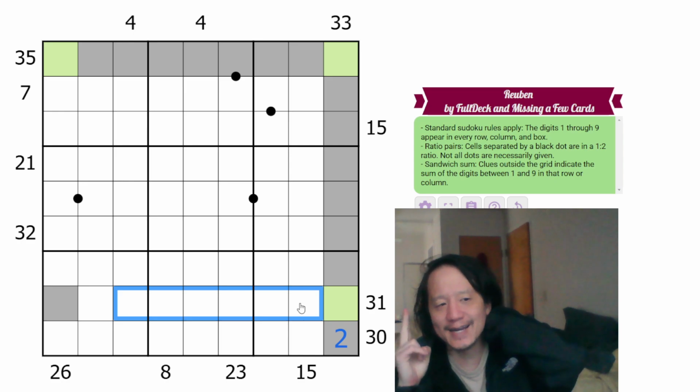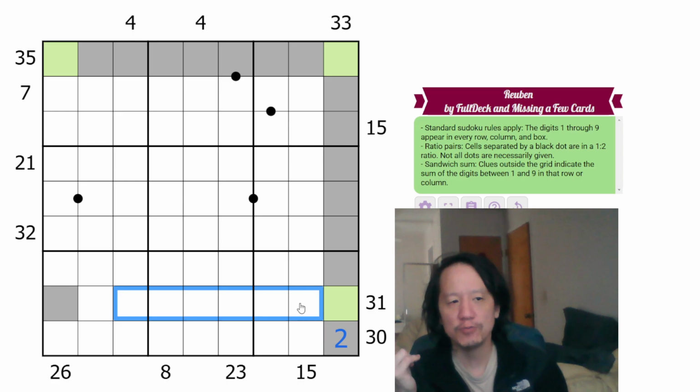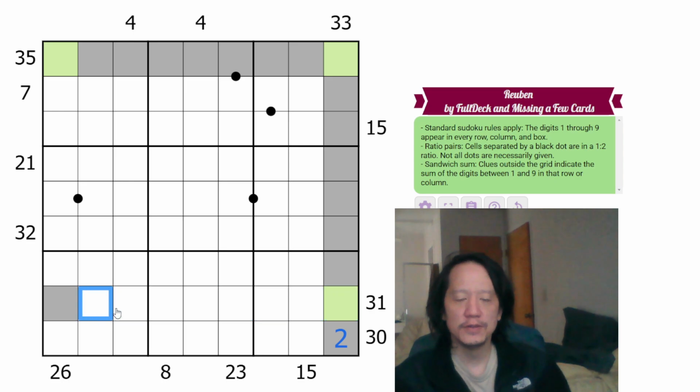Because if you try to remove 2 and 3, which are the lowest numbers, that gives you 5, so the sum would be 30 or less, which does not fulfill this row's sandwich sum of 31.